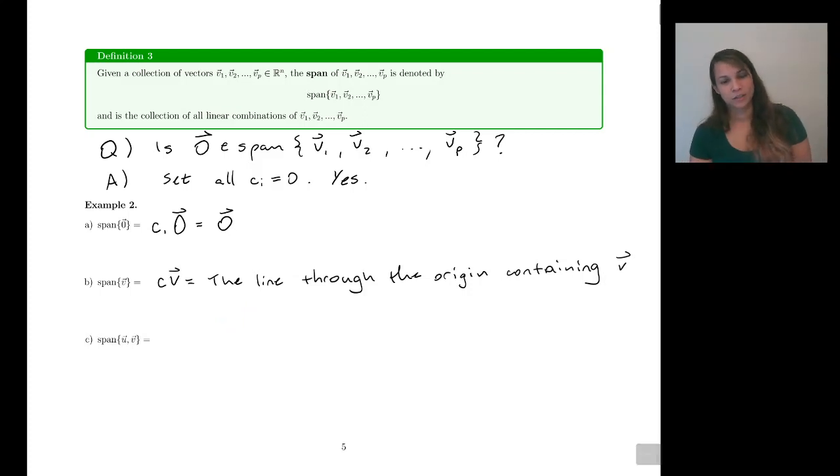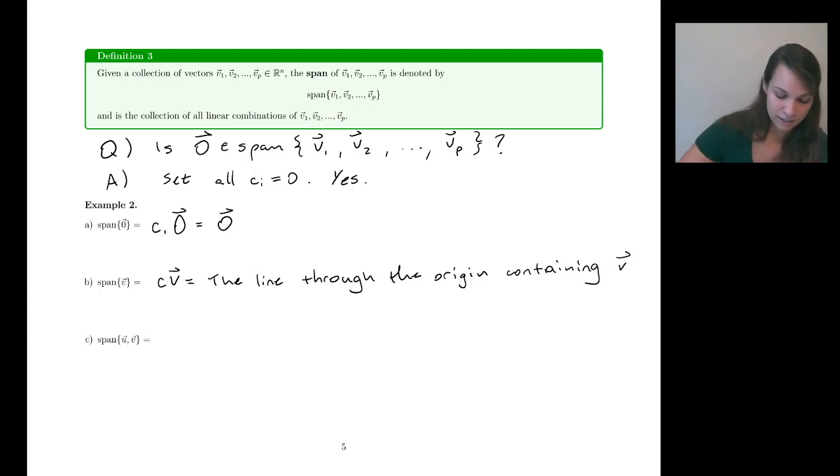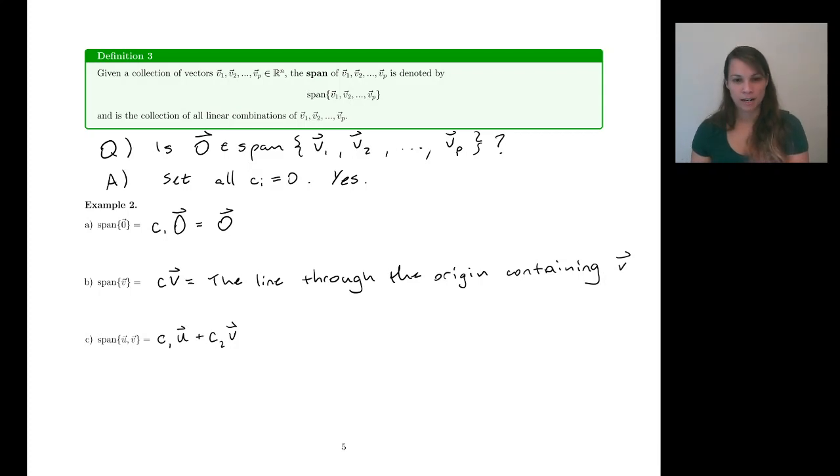Okay, so what if we look at the span of 2 vectors now? Might seem a little bit more daunting of a task, but I believe in us. So that would look like any combination of C2 and C1 that we can come up with and add together.